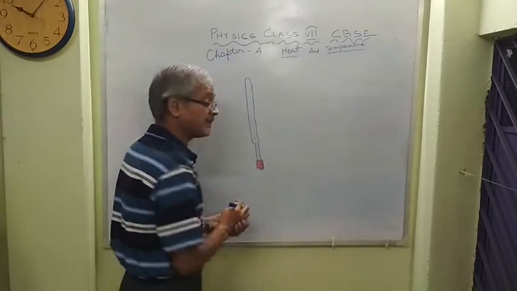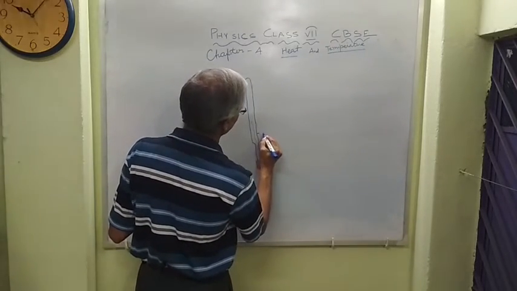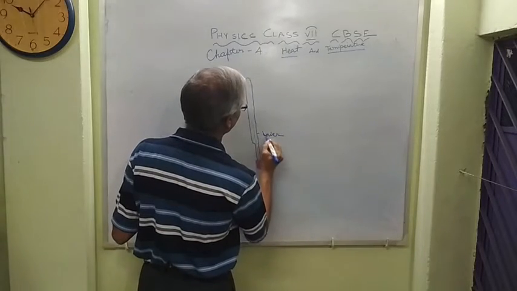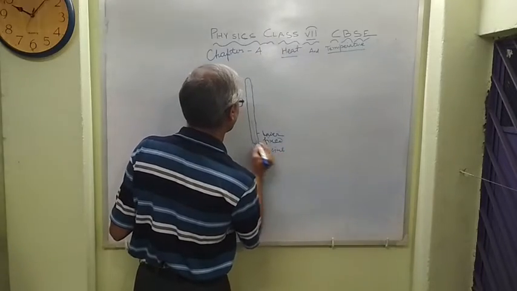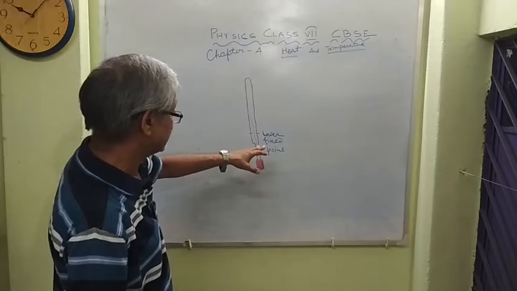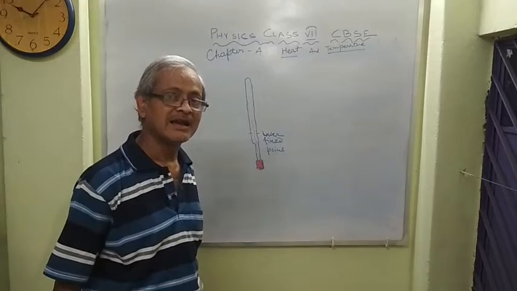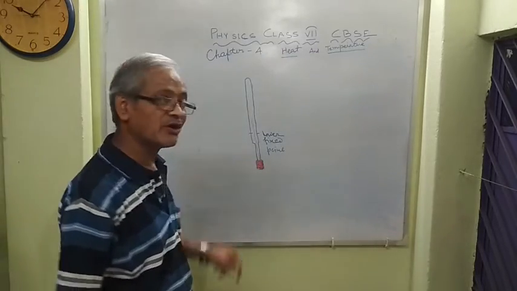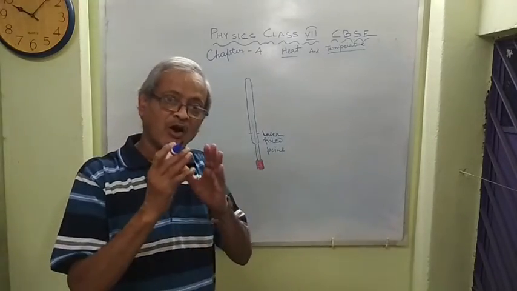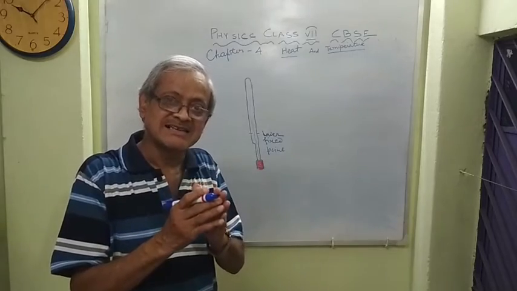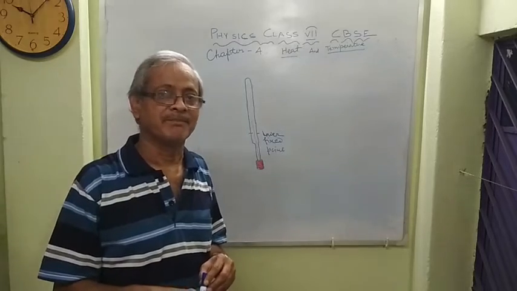Lower fixed point and upper fixed point are two terms used here. The lower fixed point is taken as the temperature of pure melting ice, that is the melting point of pure ice, or more correctly, the temperature of ice and water in thermal equilibrium.